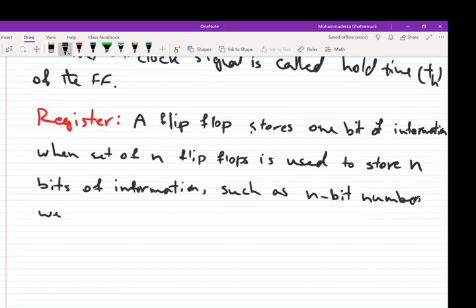We refer to these flip-flops as a register.